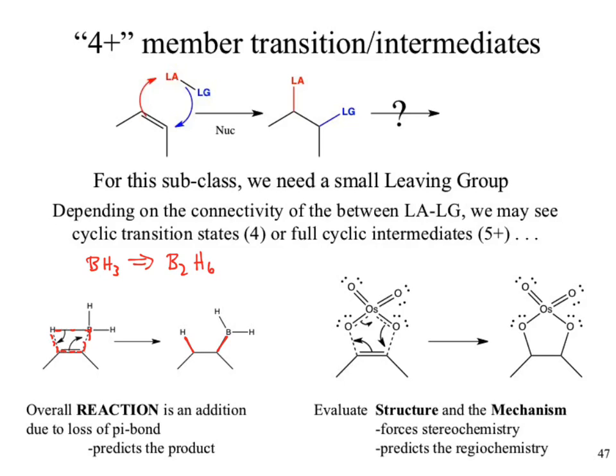Where did those new sigma bonds add? On the same side. The same side of the pi bond, which means we get a syn addition. That forces very particular stereochemistry in our products. So we have to be careful when we go through and evaluate that to make sure that that stereochemistry shows up.